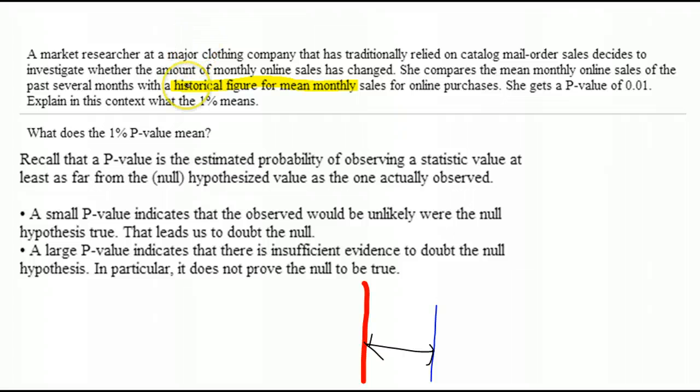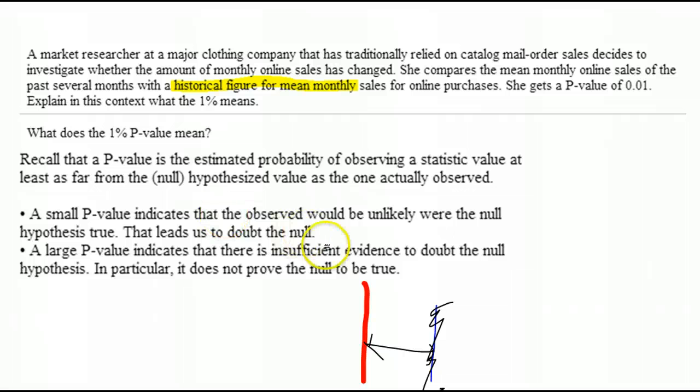Now, what the p-value is, it's estimating the probability. So what is the probability of getting this value here if this value is true? The null hypothesis is assumed to be true. So we want to recall that a p-value is the estimated probability of observing this value that we observed at least as far from the null hypothesis, right?